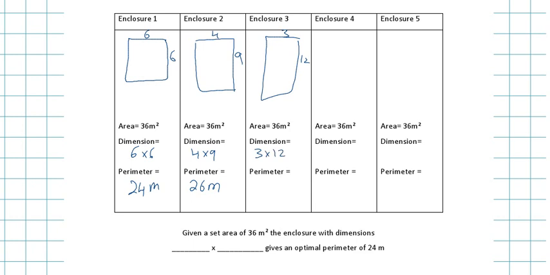Then I will have 2 by 18. 2 by 18 gives me 36. 18 plus 18 is 36. 36 plus 4, that's 40 meters.